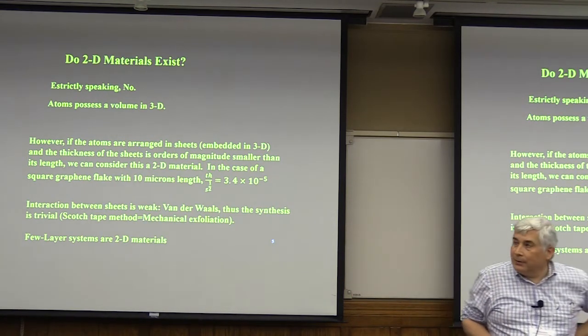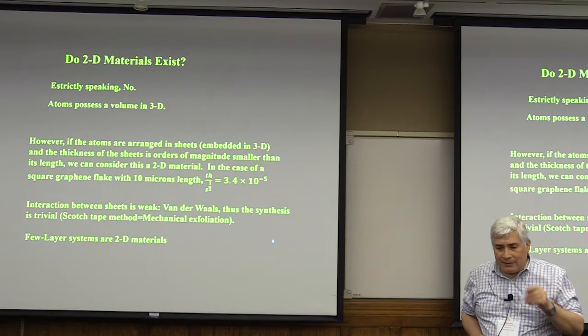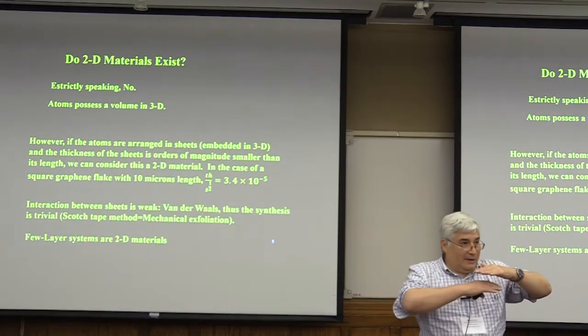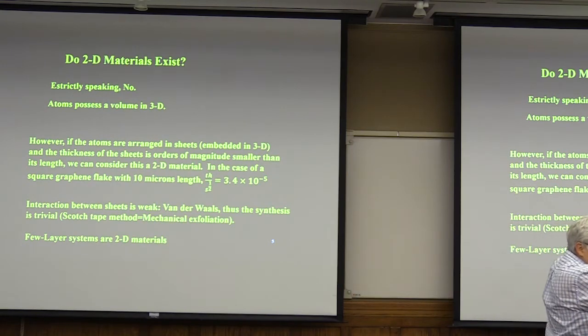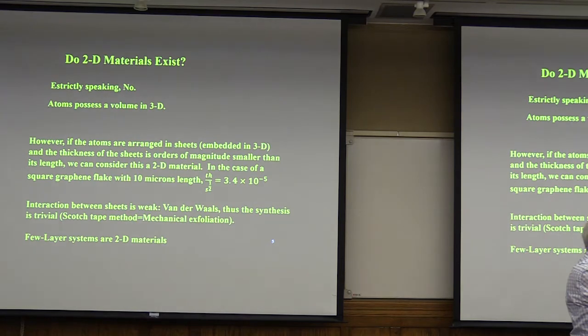Another feature of two-dimensional materials is that you need to differentiate the layers. So what happens if you put another layer of graphene on top of graphene? It is not going to be a chemical bond. This interaction between layers is very weak.